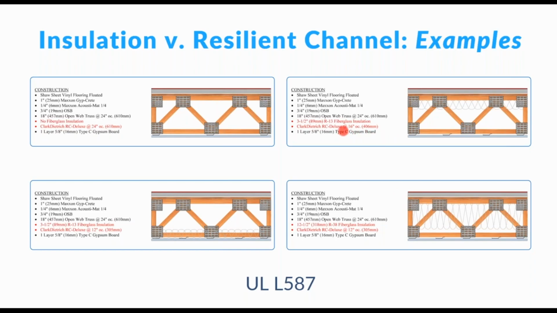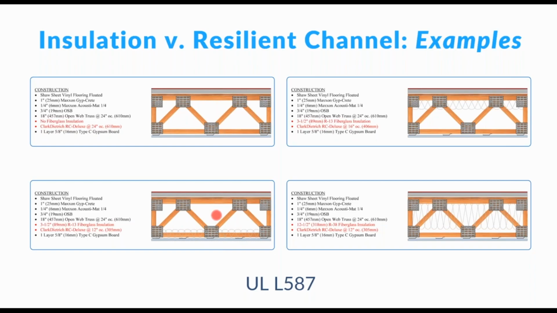But the UL design says if you have up to 3.5 inches of insulation tied up to the bottom of the subfloor, and the positioning is important for fire, you have to reduce the resilient channel spacing to a maximum of 16 inches on center.